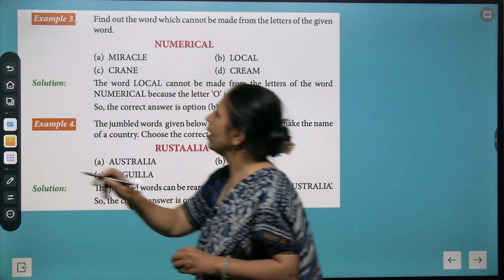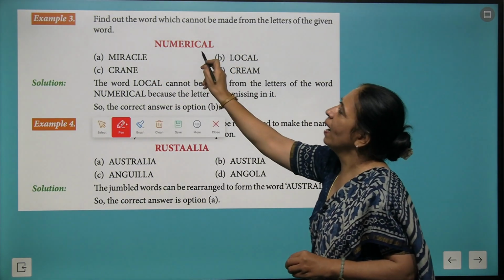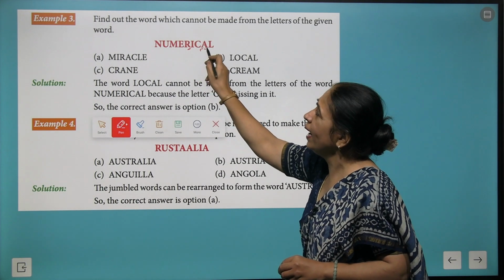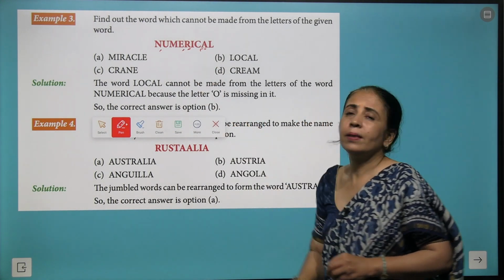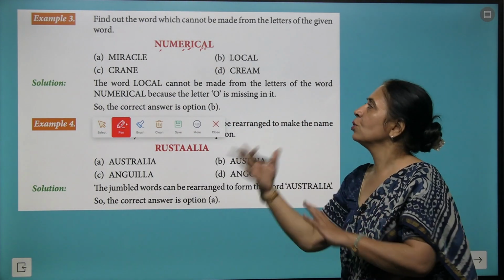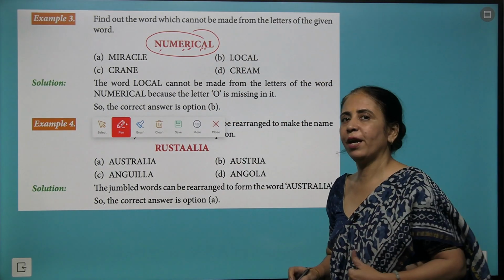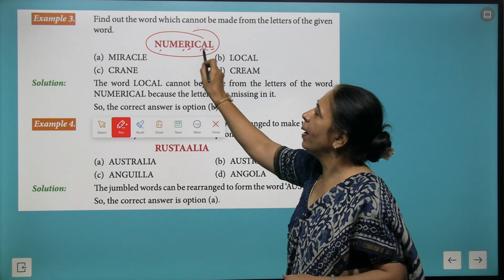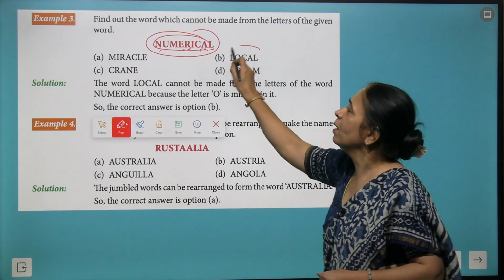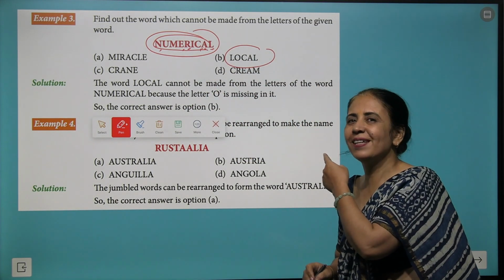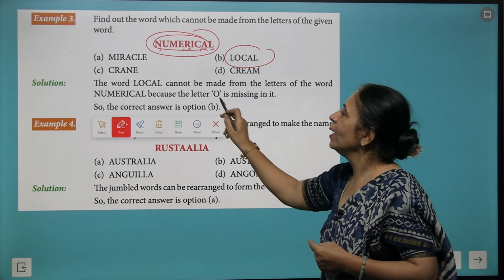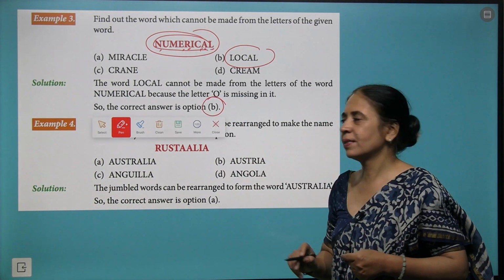Then the second one is crane. Yes, we have C-R-A-N-E. That means crane is also the part of this word numerical. Then we have local. Let's check it out. So L is there, but O is not there. We got the culprit. Yes. So local is the right answer.